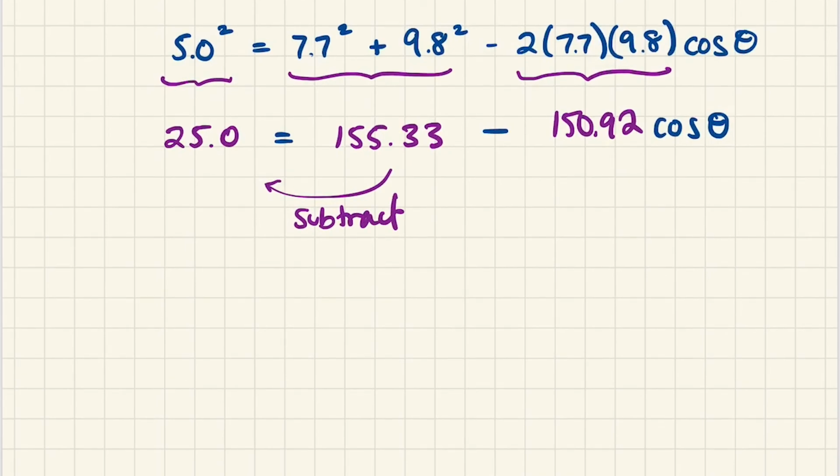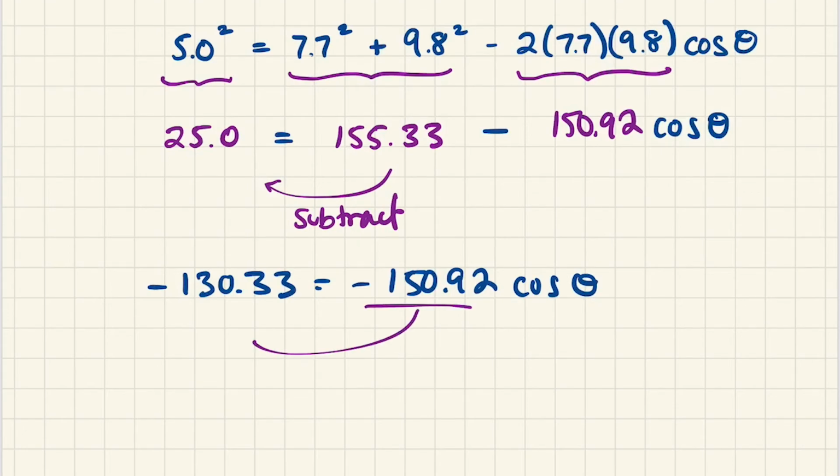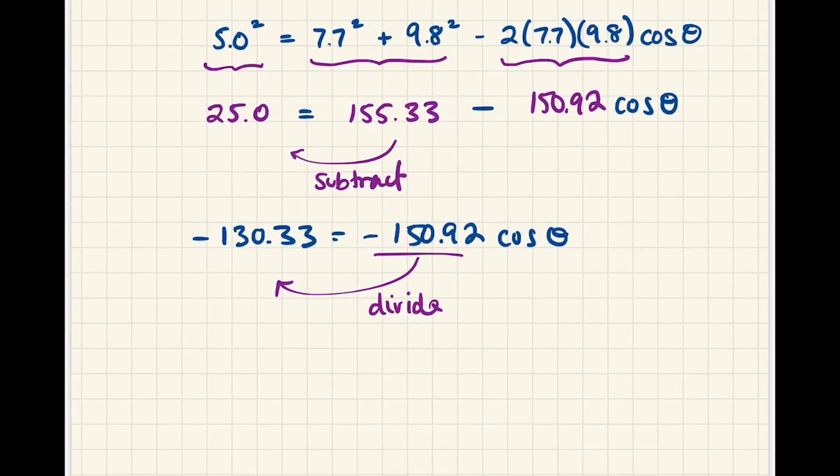All right, so now let's subtract that term. And we're going to get 25 minus 155.33, which is negative 130.33, is equal to negative 150.92 times cosine of theta. Now, let's divide both sides by that coefficient, which will, of course, cancel the negatives. So I get 0.86357.